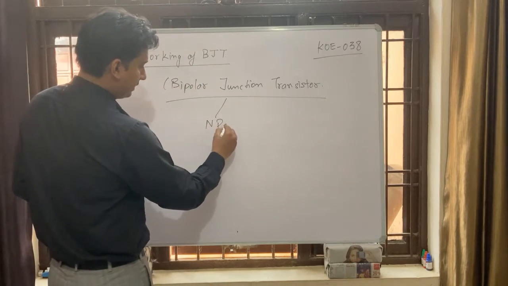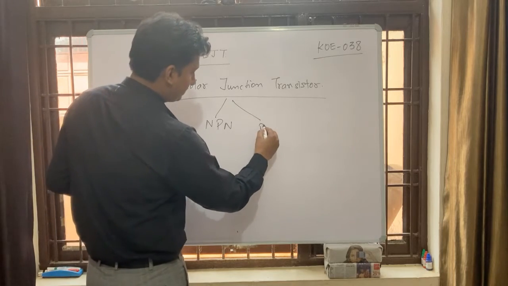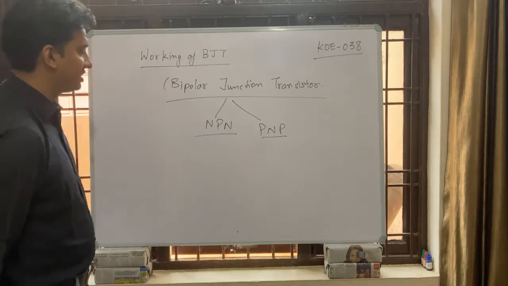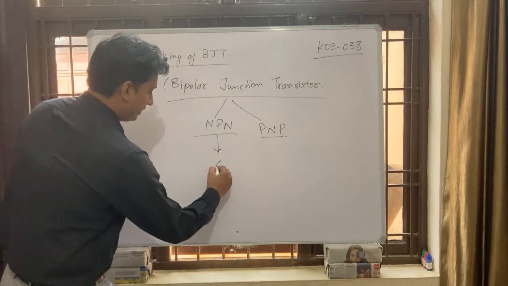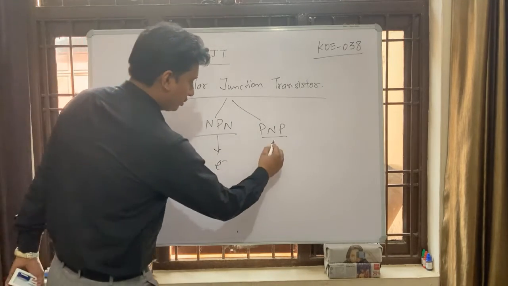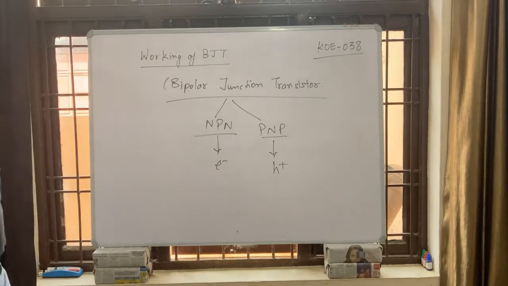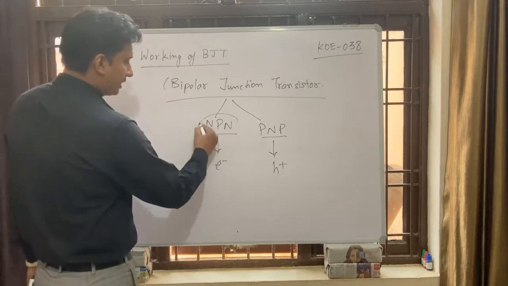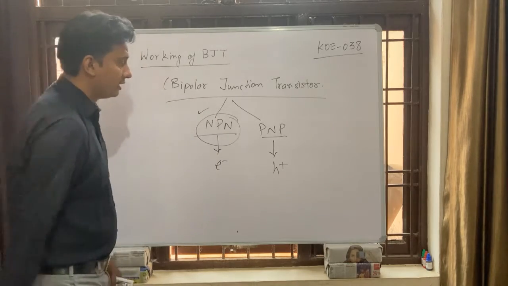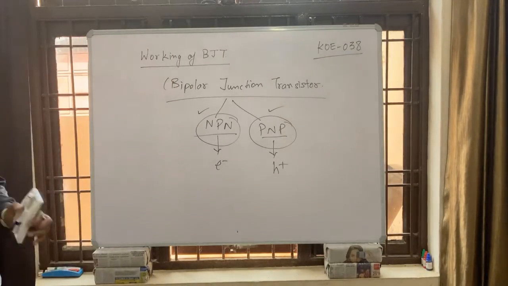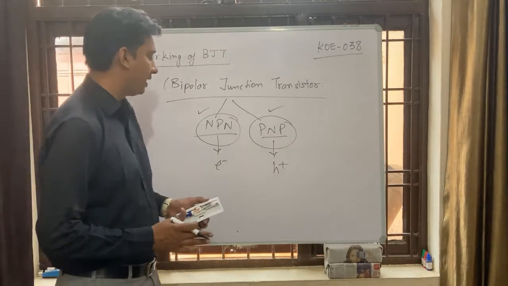One is NPN and the other is PNP. The majority charge carriers in the NPN are electrons, and the majority charge carriers in the PNP are holes. So I will tell you the working of the NPN, and similarly you will understand the working of the PNP on the basis of the working of the NPN.